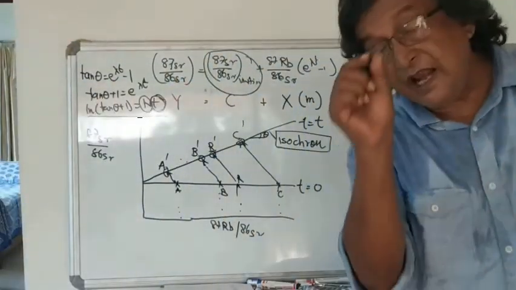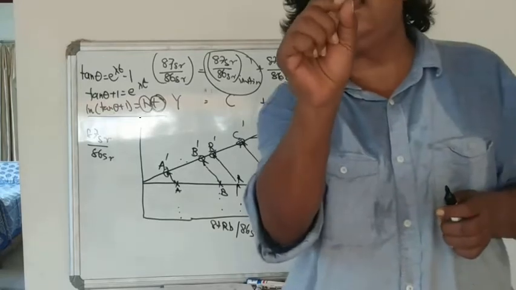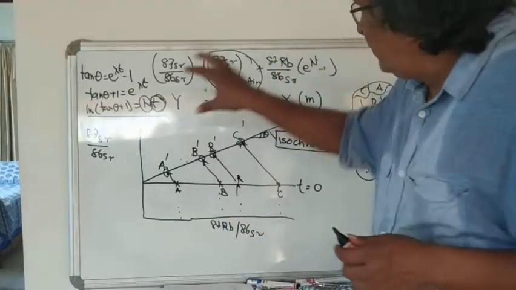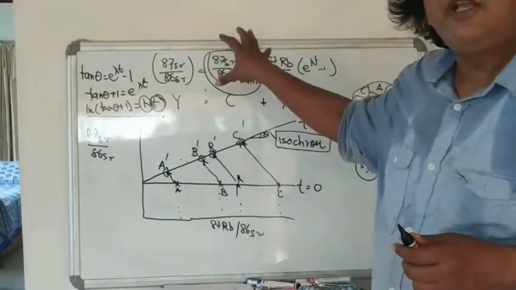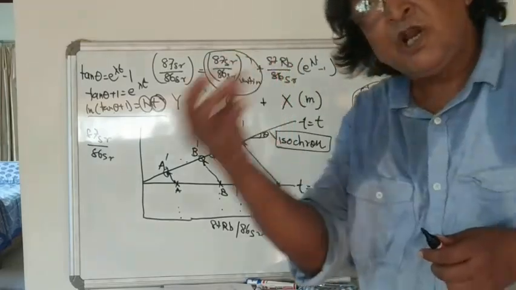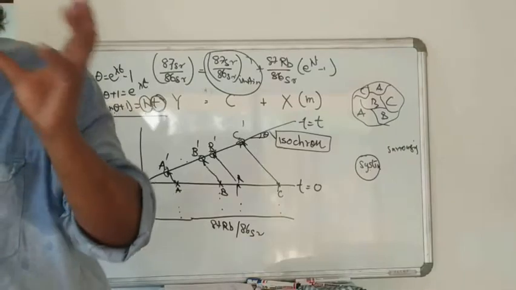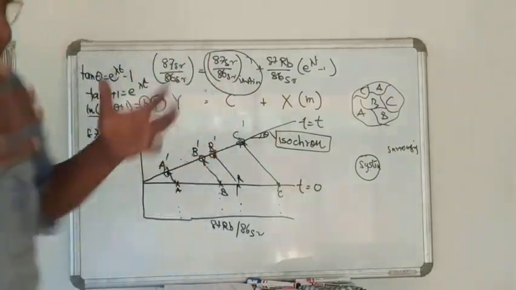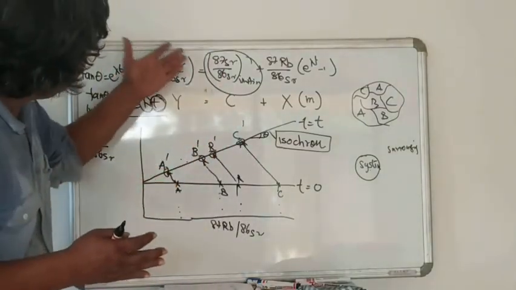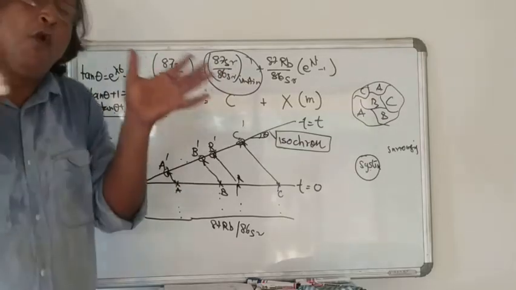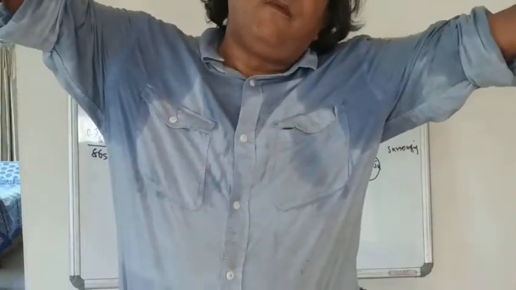of the chemical environment during which this particular system started to form. It gives you the environmental constraint, in this case the 87 by 86 strontium ratio. What was the ratio of the gas from which the Earth formed?